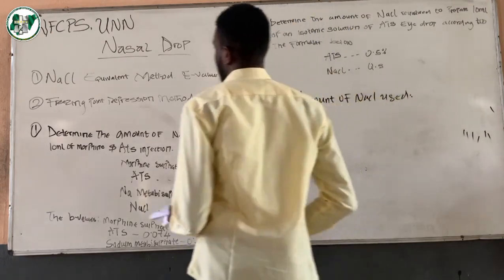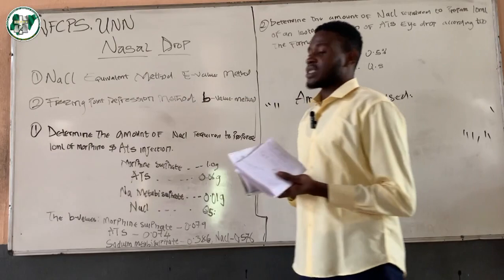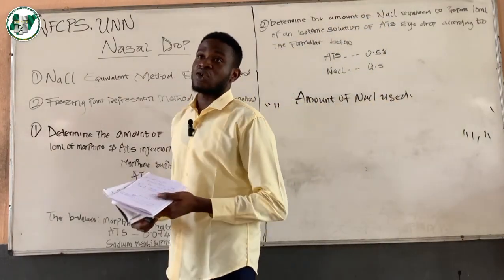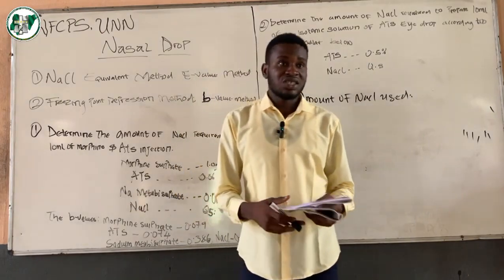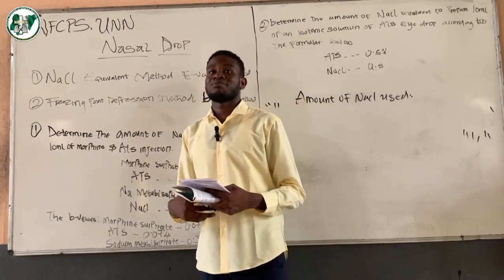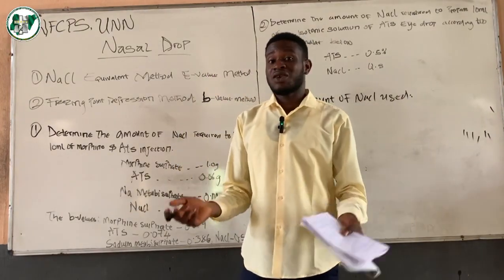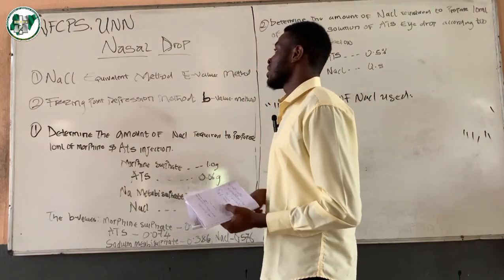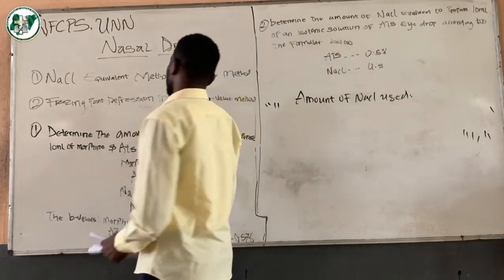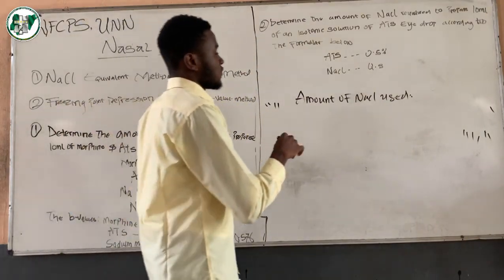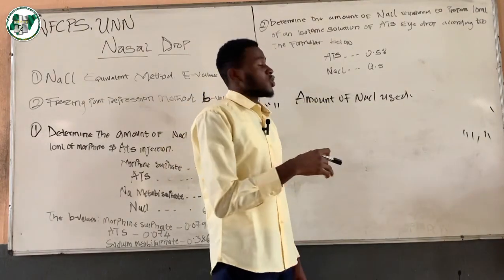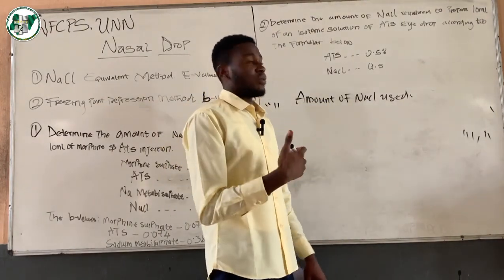Before that, the isotonizing agents that we use in preparing our nasal drop could be sodium chloride, it could be dextrose, and any other ones that are possibly out there. But the major one we actually use is sodium chloride. So what we actually do using this method is calculate the amount of sodium chloride that we add to our preparation to make it isotonic with the body fluid.